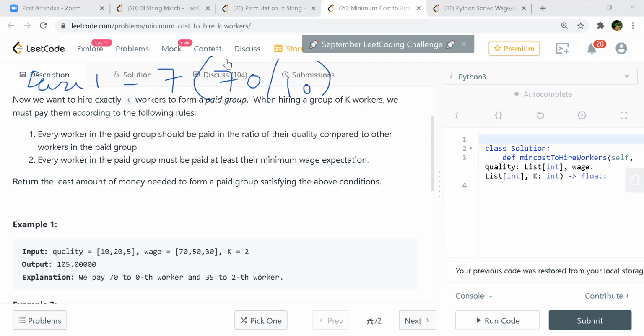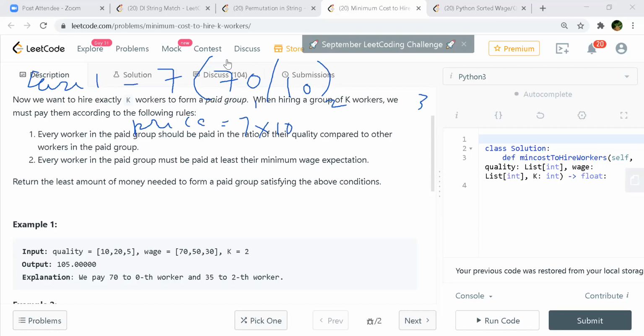Okay, so now if we start again with the first worker, what we have is the price. So we'll have this first, then the second and third worker. The price of this will be the same, right? 70, which is 7 multiplied by 10, will be 70.